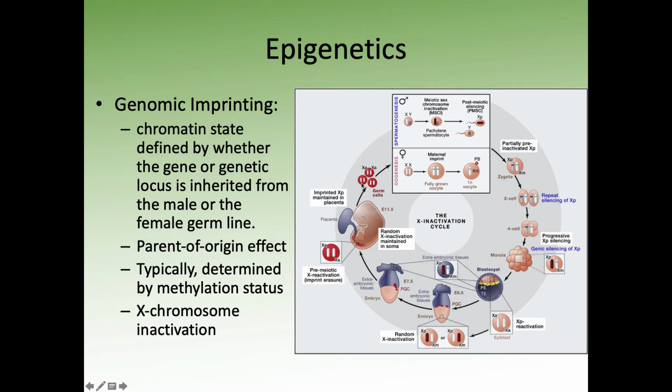So we have these specific patterns of X methylation that can be driven, and we see different patterns associated with these different X chromosomes and whether or not they're inherited from the mother or the father.